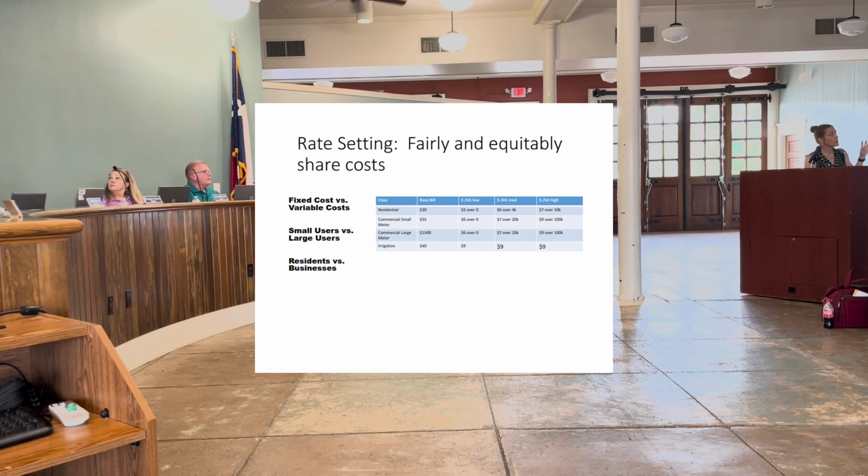For a small commercial meter, you might be looking at a similar base bill, but for some commercial, this is different, right? All of the peer cities that we reviewed have slightly different structures. Something that a few cities do is the tiers of use are different for commercial.